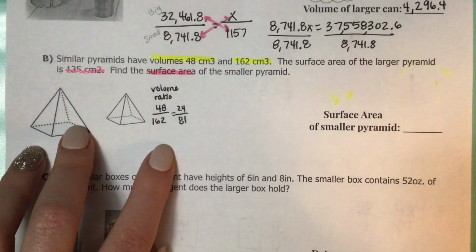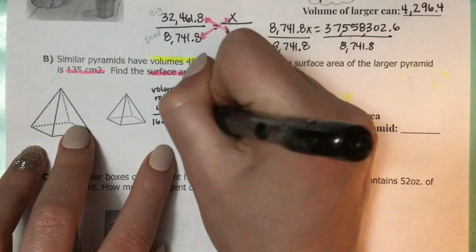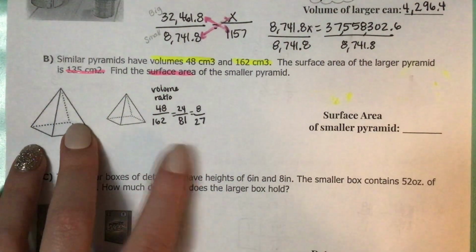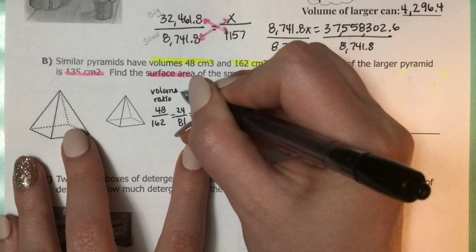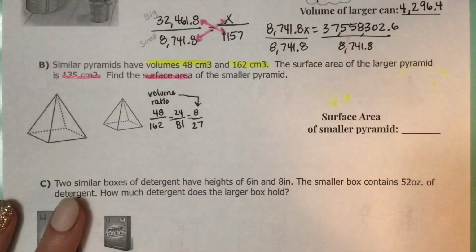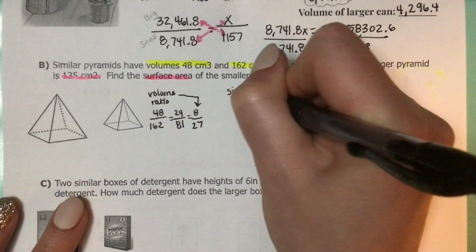But then I can see both of those can be reduced by 3. So when I take 24 divided by 3, I'm getting 8. And 81 divided by 3 is 27. Okay. This is reduced as far as possible. So this right here is my volume ratio. Volume ratio right here. We need similarity ratio next.